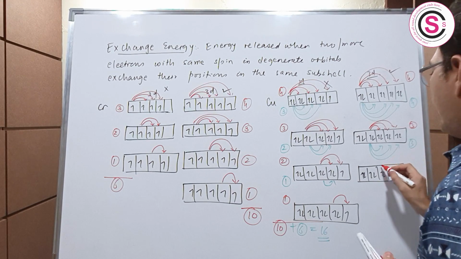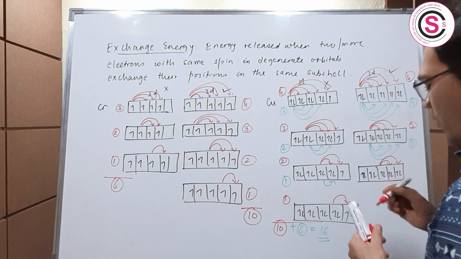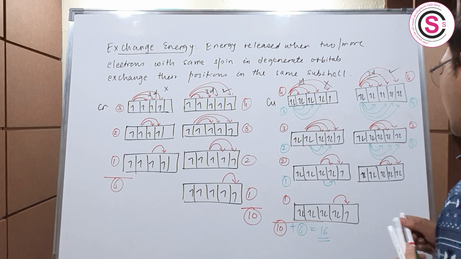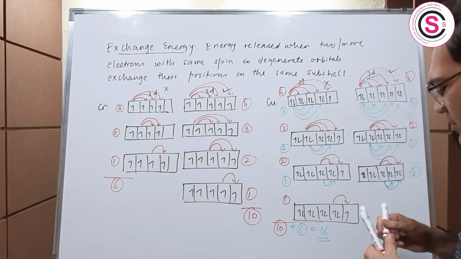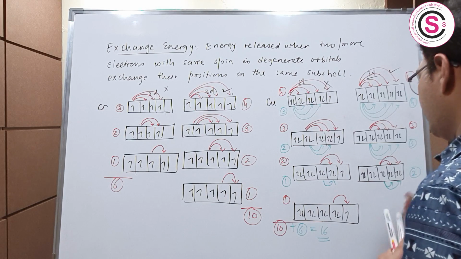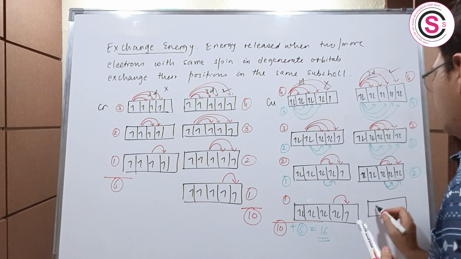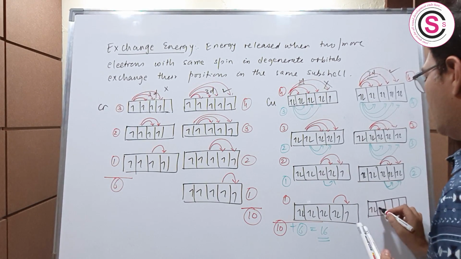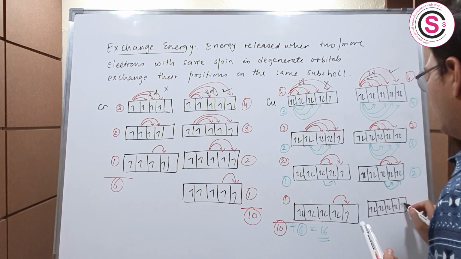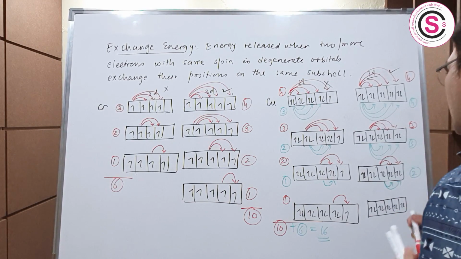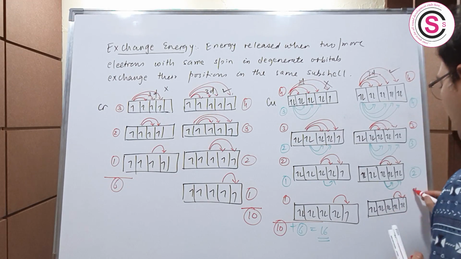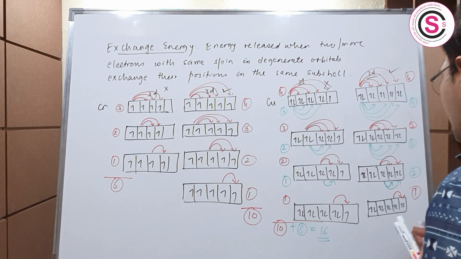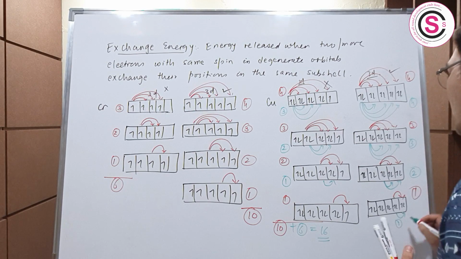You can see 2 exchanges possible for the upspin electron and 2 exchanges possible for the downspin electron, right? Here just 1 exchange is possible for this upspin electron and 1 exchange is possible for the downspin electron.